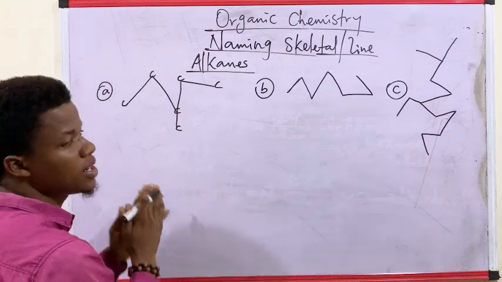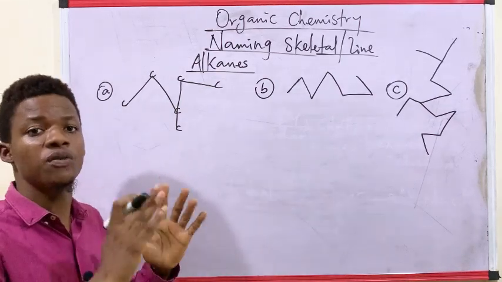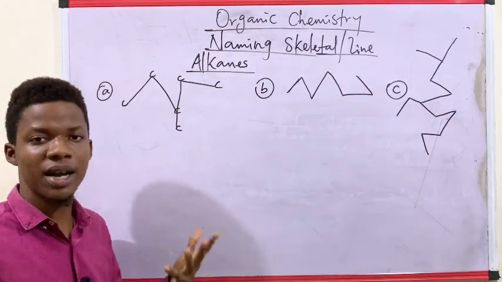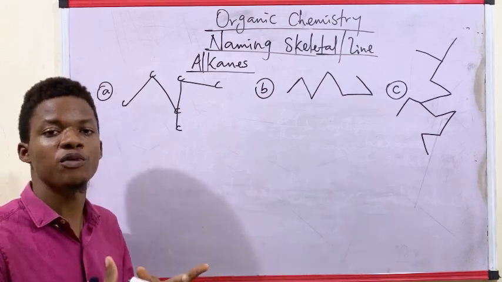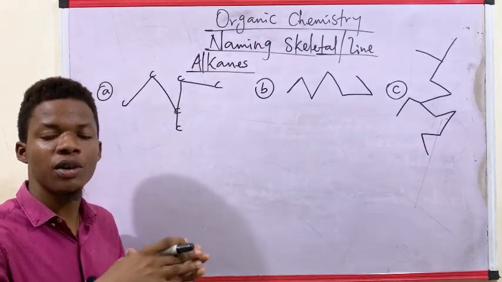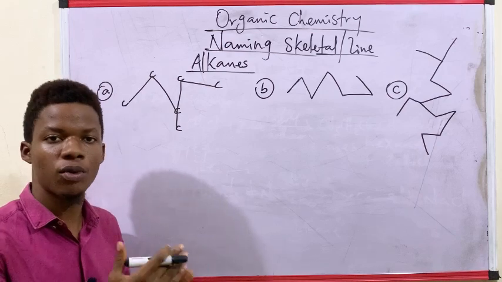Now, how do you name this? I told you one of the rules when it comes to IUPAC naming is that you must first identify the parent chain. If you have not watched my introductory video on how to name alkanes, please go back and watch it.